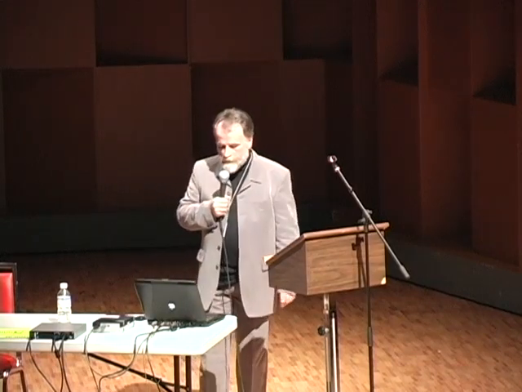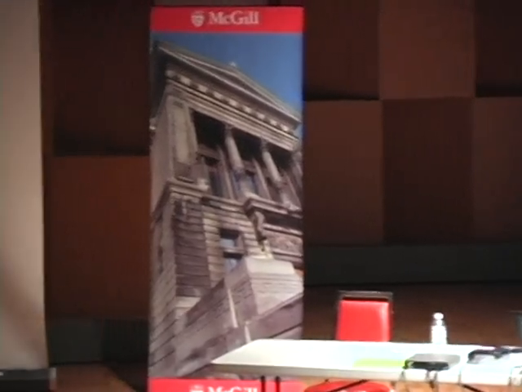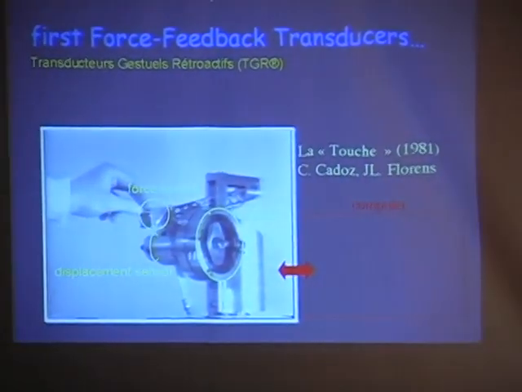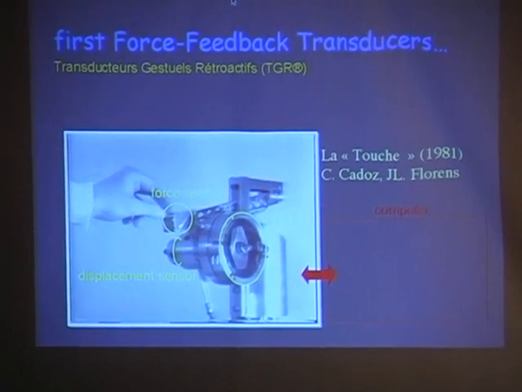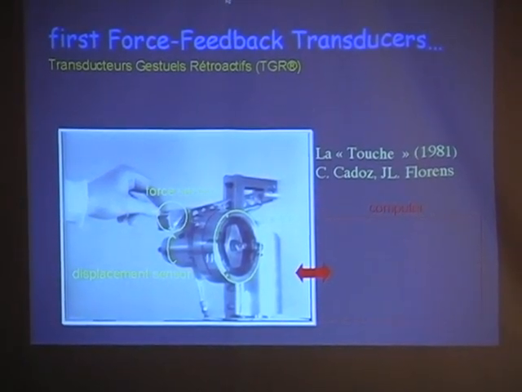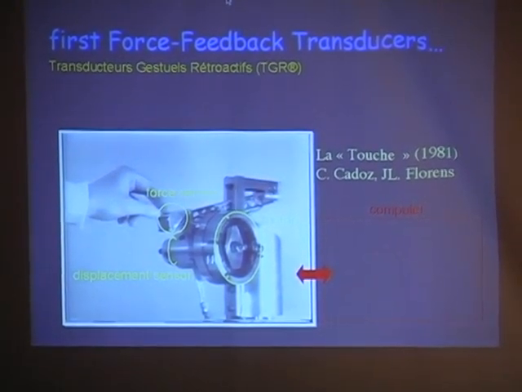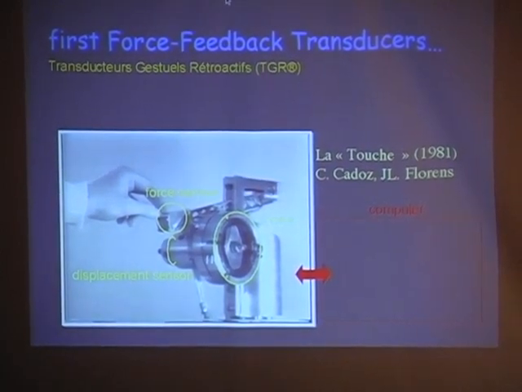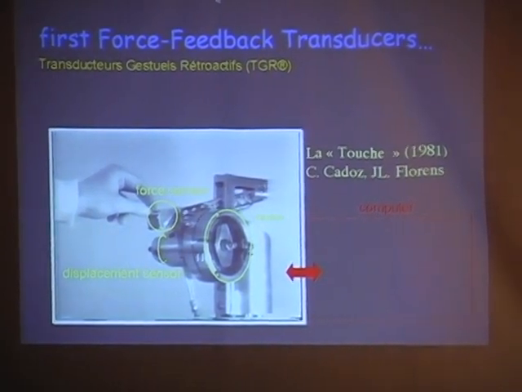Let me show you now one of the first force feedback transducers built in 1981. This is a keyboard with the size of a piano keyboard, and of course we can see that we need a sensor. Two sensors, in fact, on this one: a force sensor and a displacement sensor.